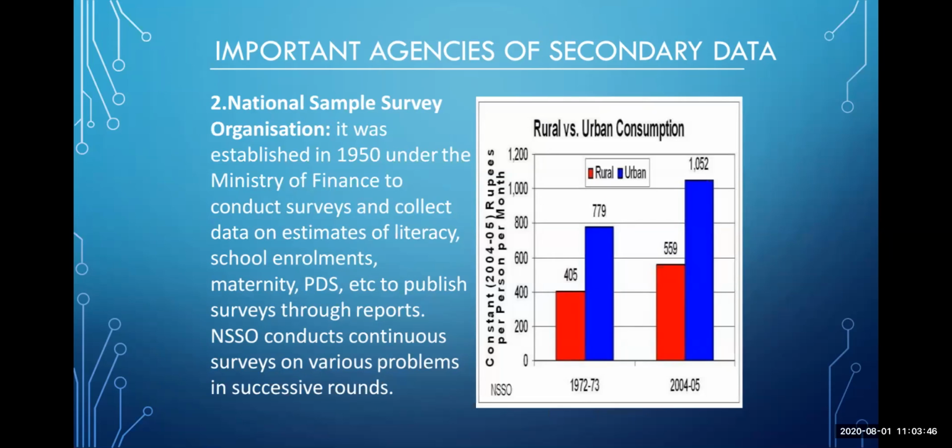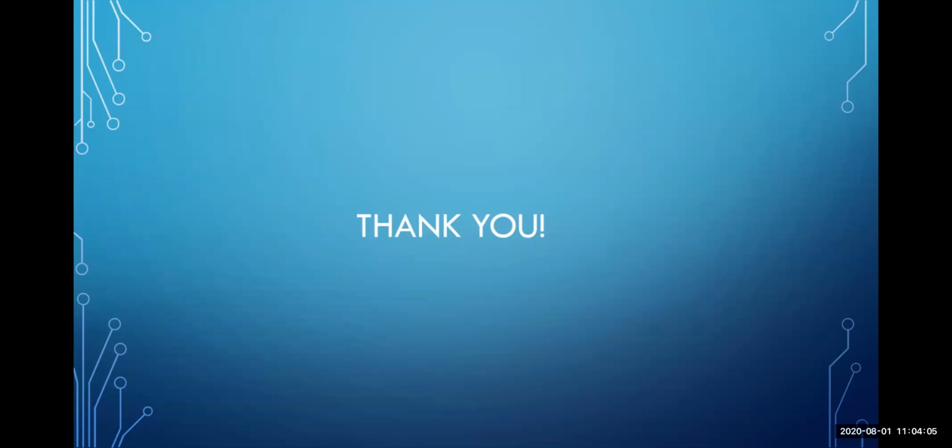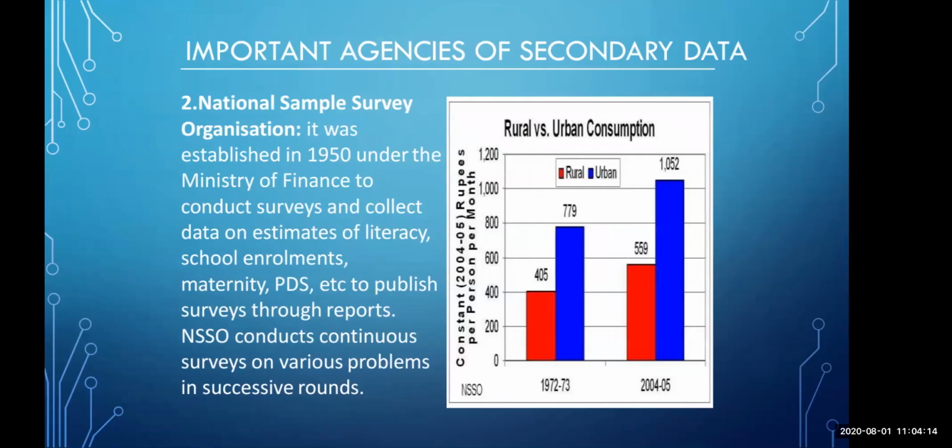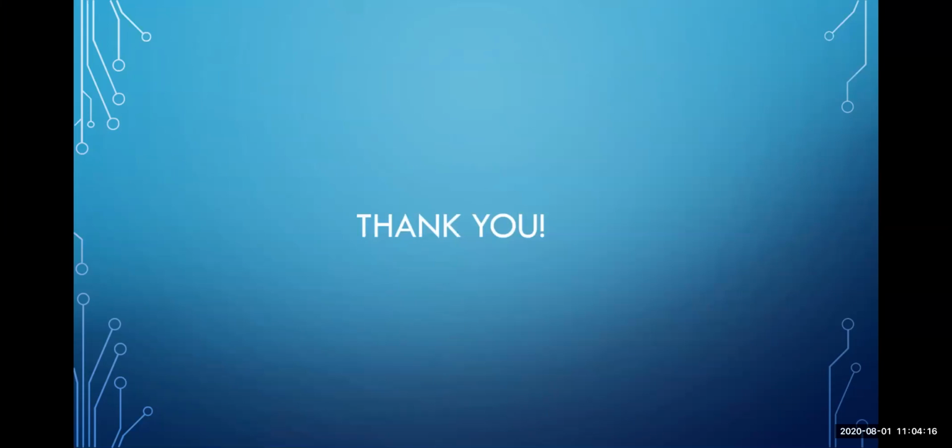Like here in the diagram, we can see rural versus urban consumption. This helps us compare both consumptions. We can see that rural it is less and urban it is more. So NSSO and the Census of India are the two national agencies which help us get the information, and both act as a secondary source for us.